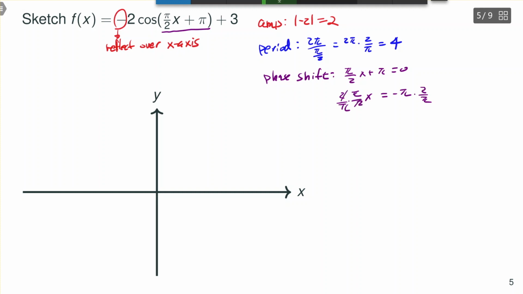So this cancels out, and we have x equals negative 2. And you can always check. If you plug negative 2 here, this simplifies to 0. So negative 2 means that the phase shift is left 2. This is the phase shift. And midline is y equals 3.